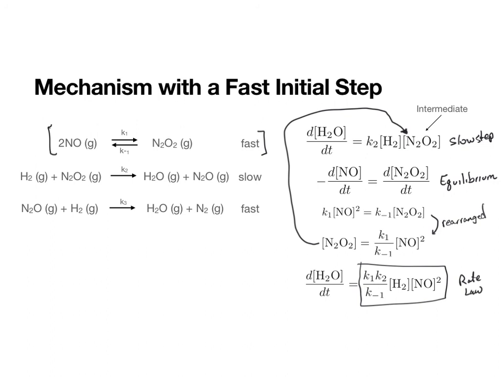That's the sort of process that we are going to be using as we work to figure out what the steady state approximation is and the fast equilibrium approximation. So hold on to this information, because we're going to use it in the next set of videos.